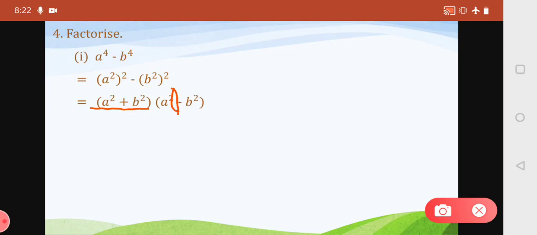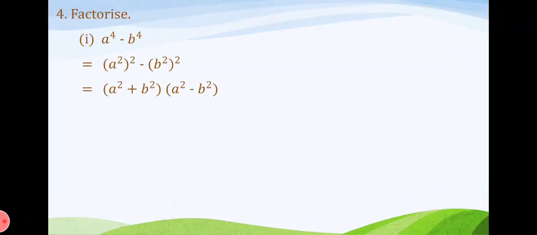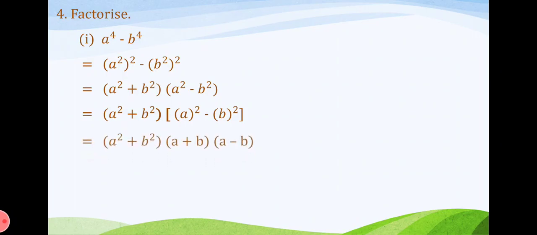in between the two terms and both the terms are perfect squares. So again we will apply the third identity for the second bracket. So we carry forward the first bracket as it is, that is a square plus b square, and for the second bracket we will write a whole square minus b whole square, which we further write as a square plus b square into a plus b into a minus b.